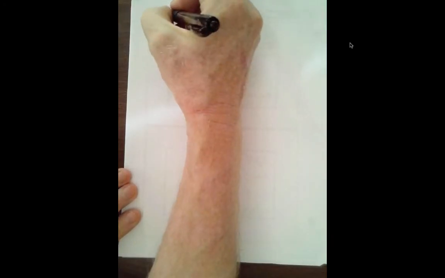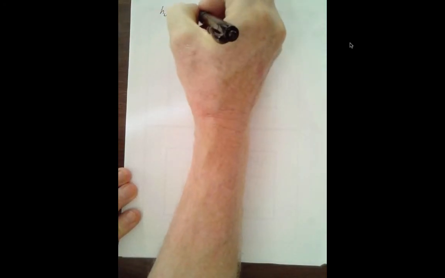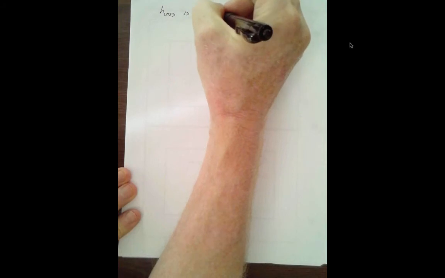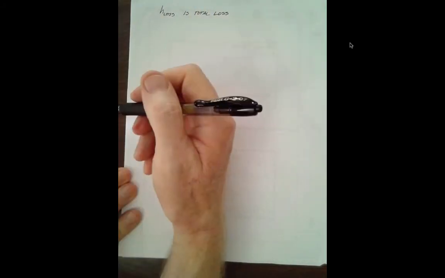Okay, so the head loss models, that head loss is total loss. It's not like there's a little string of connective tissue keeping the head still attached to the body.